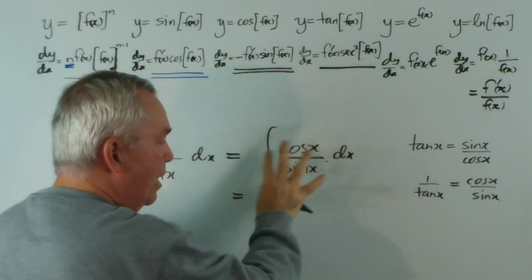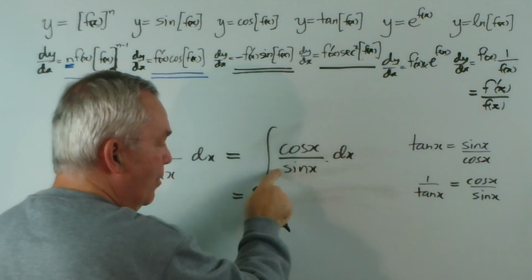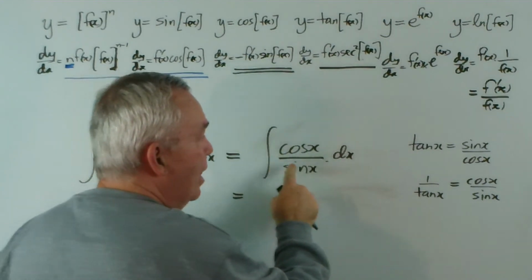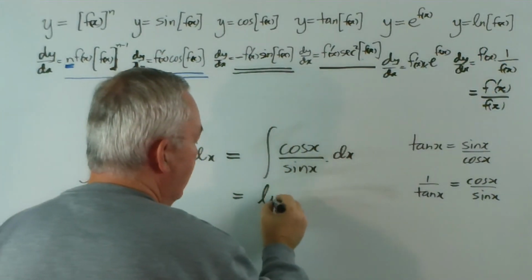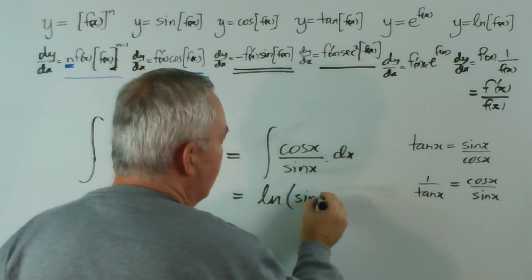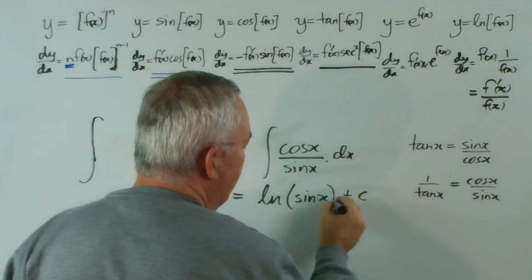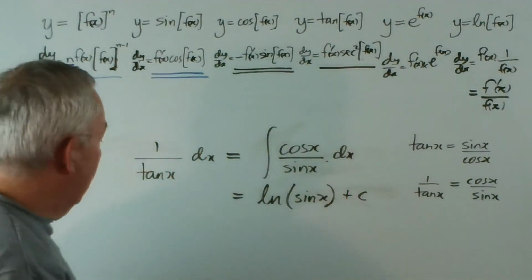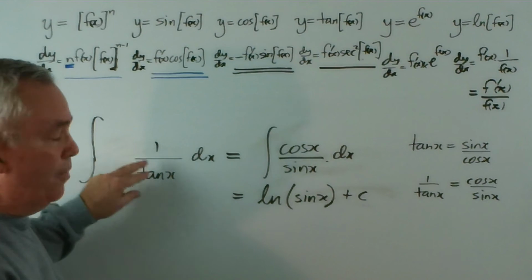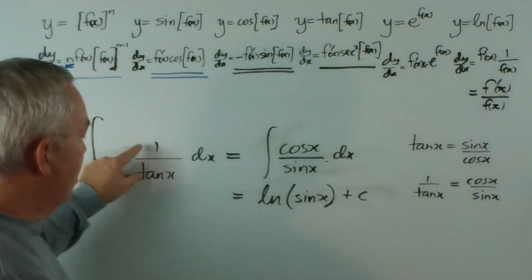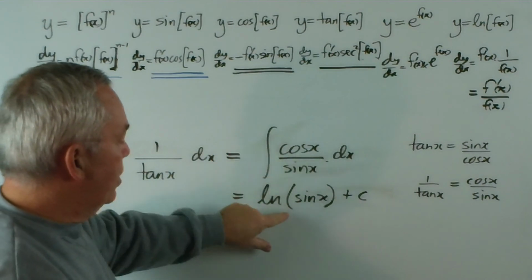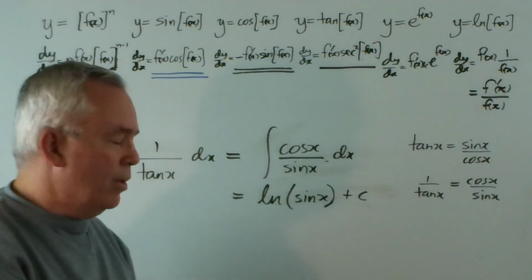And consequently, I don't have to make any changes because I have the function and its derivative. Therefore, when I integrate, I'm going to get the logarithm of the function. So the answer is logarithm of sin x. Let's see. How nice is that? What looked to be rather horrible turned out, because we had a trigonometric identity we could use, we converted to this, and it turned out to be a logarithm of sine.